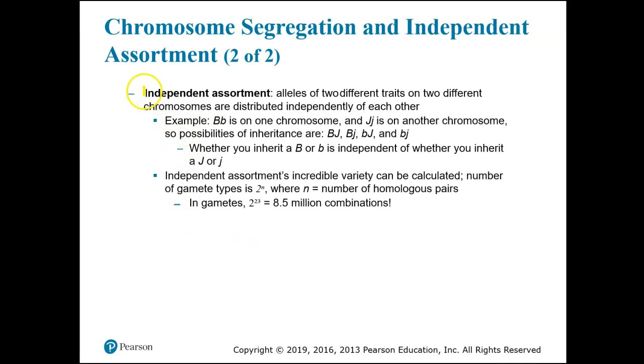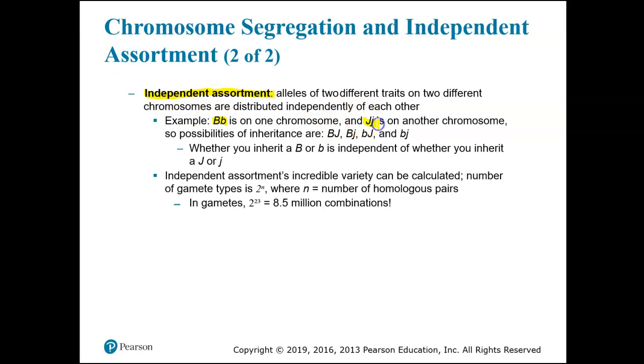Independent assortment happens when we're talking about more than one trait at the same time. So if we have on one chromosome a big B and a little b, and on another chromosome a big J and a little j, then each gamete is going to get one of the B's and one of the J's.